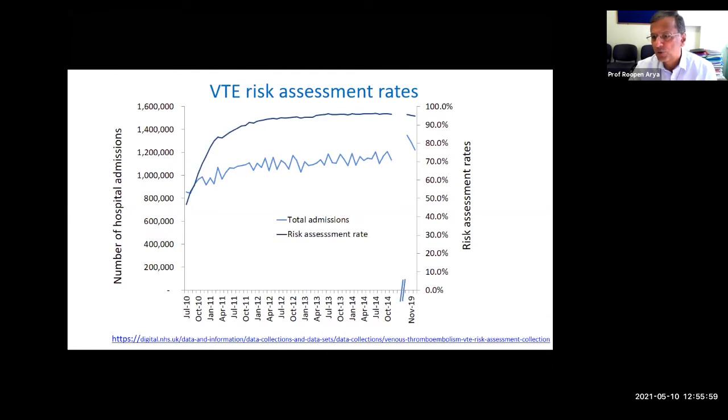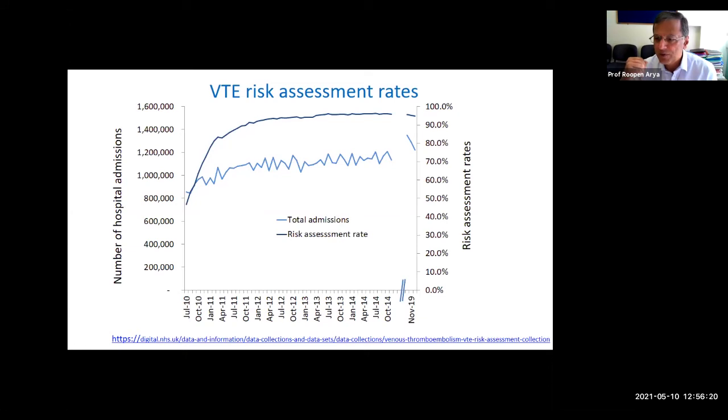Quite early on in the process, mainly as a result of the financial driver associated with CQUIN, most trusts achieved the 90% risk assessment target for VTE, which then morphed into a 95% target.